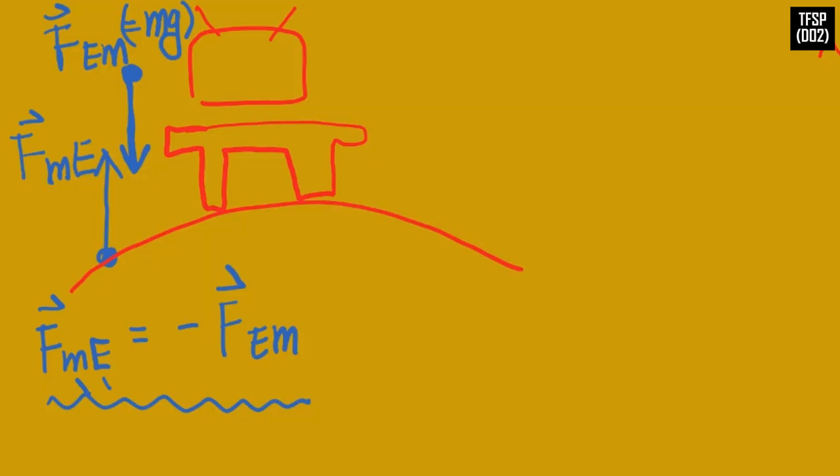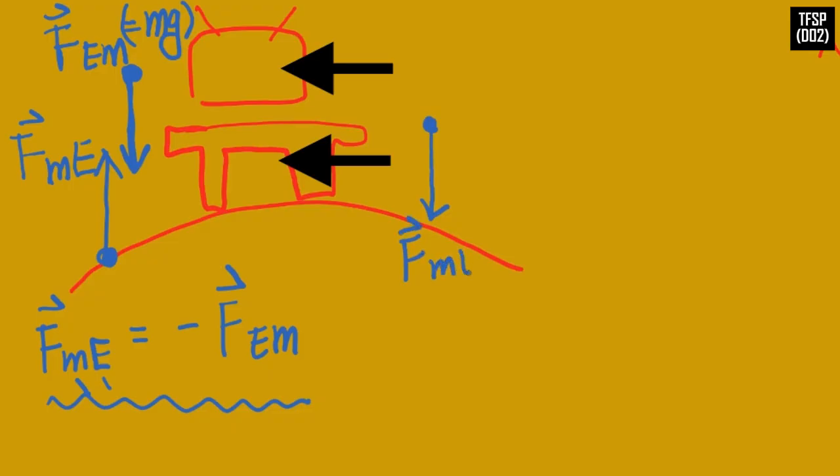Next, let's consider the TV and the table. FMT is the force exerted by the TV on the table.